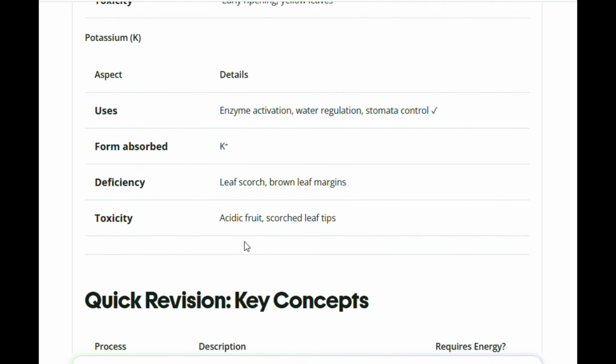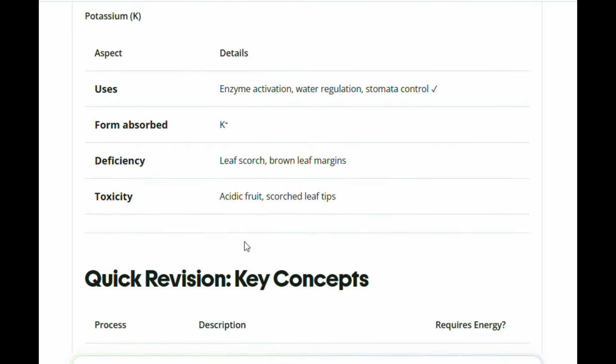Then the form absorbed is K+ ions from soil water, and toxicity gives acidic fruit, right? Or scorched leaf tips.